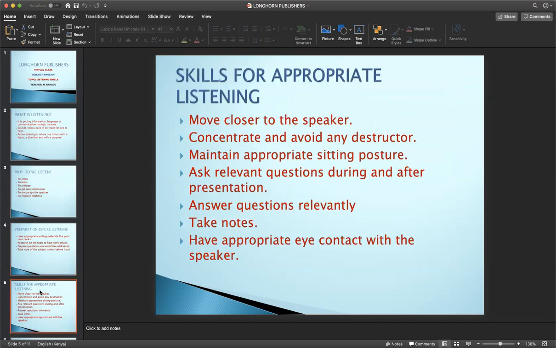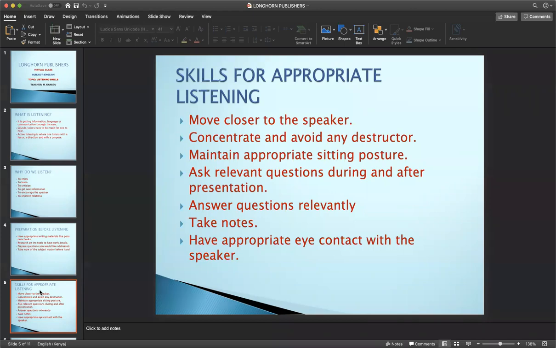Then there are various skills that you need to know before listening, and what you should actually do to have an appropriate, very effective listening session. One of those things is that you need to move closer to the speaker.